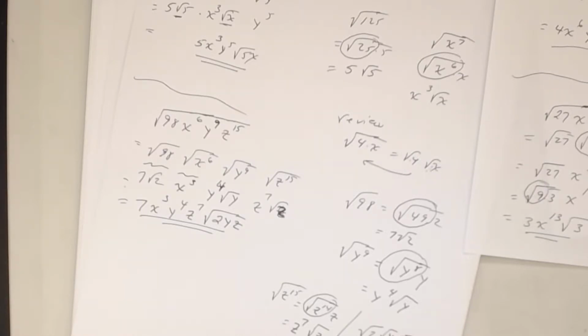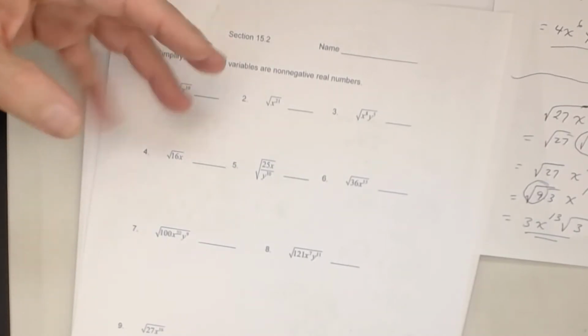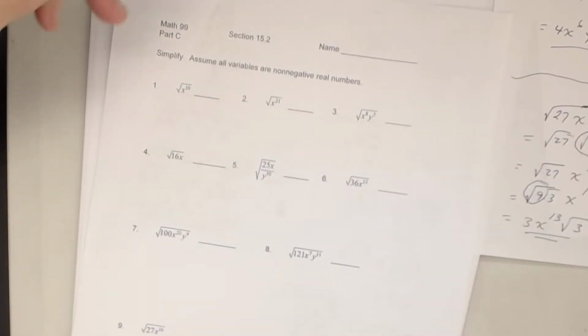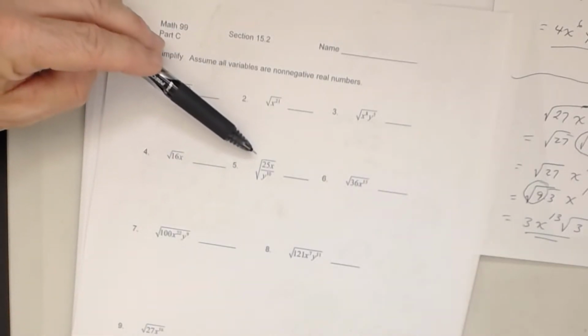So, when you look at 15.2 Part C, that's all we've been doing, the last class period and today. Except this one's a little bit simpler than the ones that we just did a while ago. Some of these are perfect squares, some are not. And remember how we did the square root.